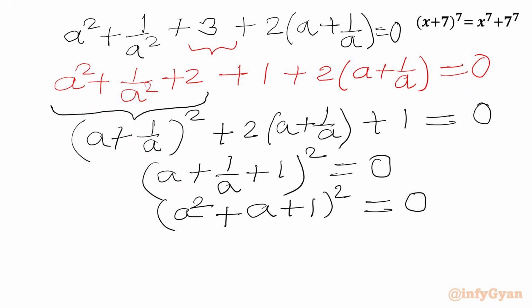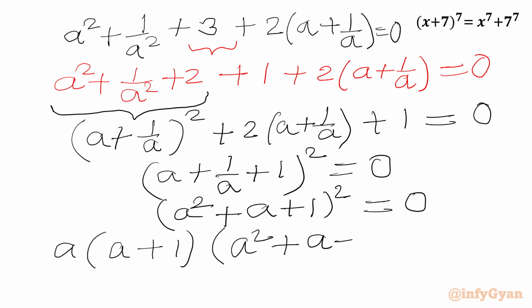So we can write our equation in factor form: a times a plus 1 times a square plus a plus 1 whole square equal to 0.